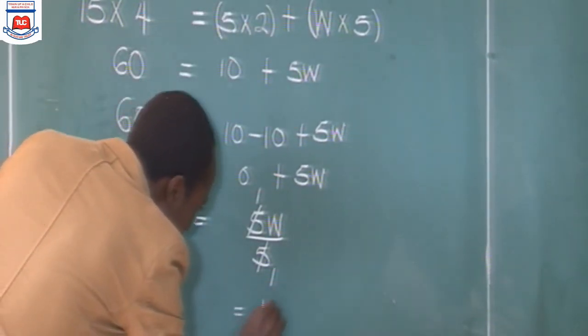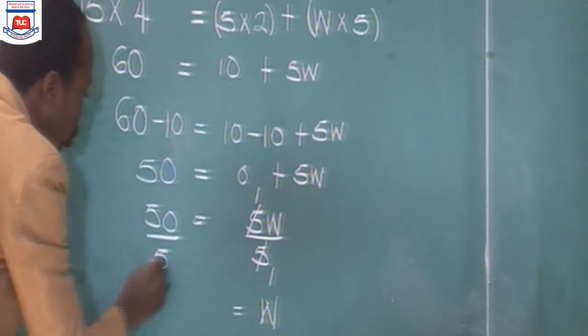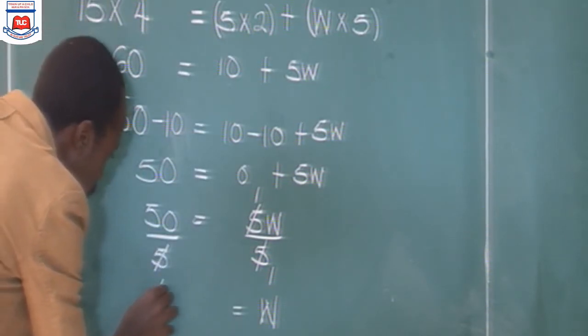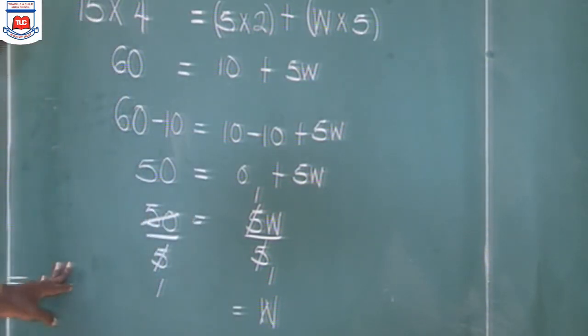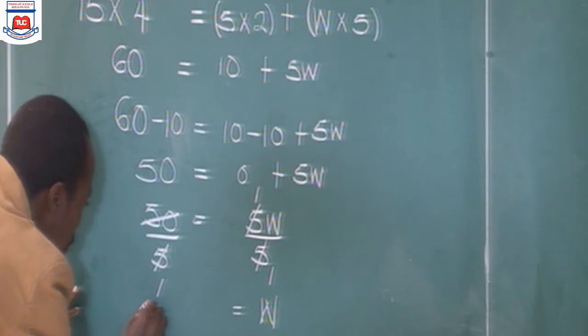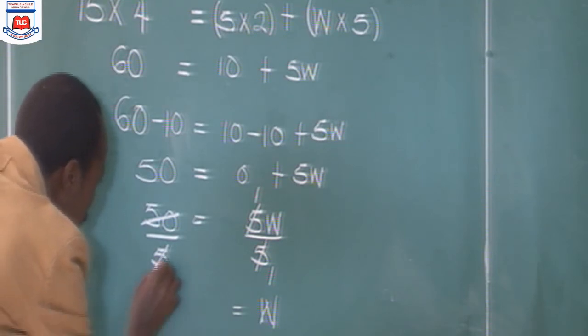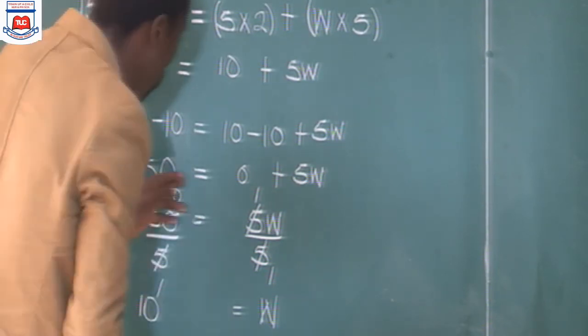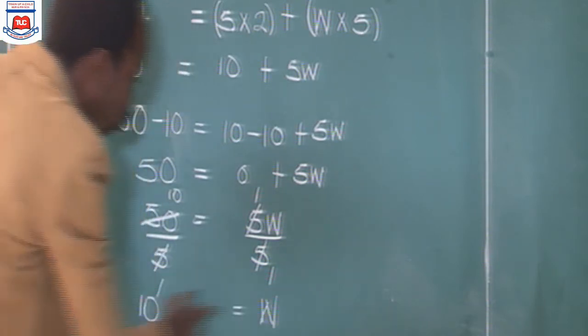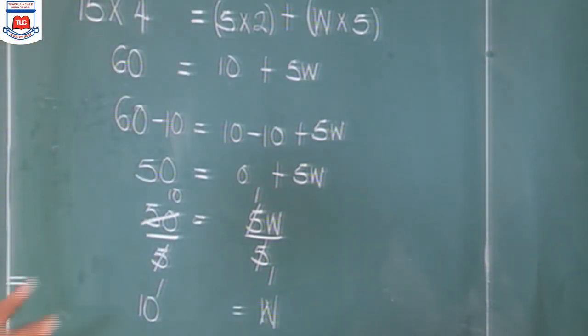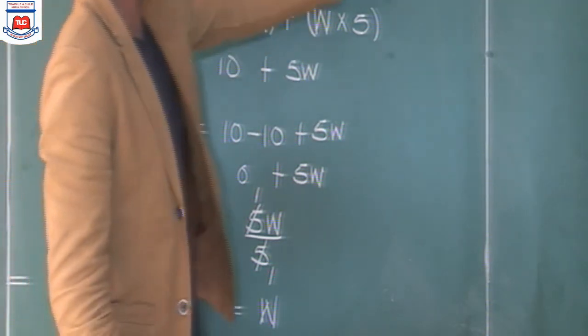We shall stay with our W this side, equivalent to, 5 goes in 50 how many times? 10 times. So we shall have 10 this side. Don't forget to write it there. Some of you forget. All right, the examiner needs to know how you've got these answers all the way. Now, weight W is 10.